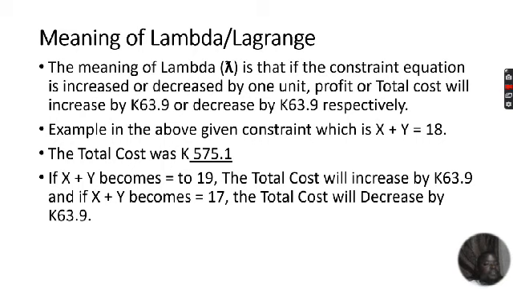The meaning of lambda in this case is that if the constraint x plus y equal to 18 is increased by 1, then the total cost will also increase by 63.9. If the constraint is decreased by 1, so x plus y becomes equal to 17, then the total cost will also decrease by 63.9. That's the meaning of lambda.